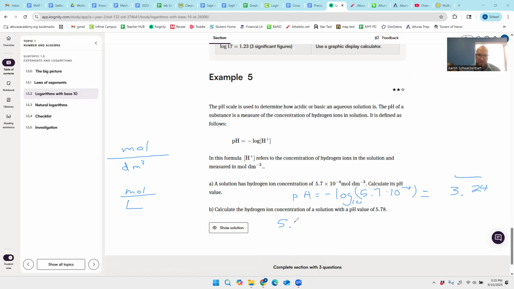This one tells me the pH and it asks me for the hydrogen ion concentration. H plus just means hydrogen ion. So I'll move the negative to the other side, and then I'll convert to exponential form.